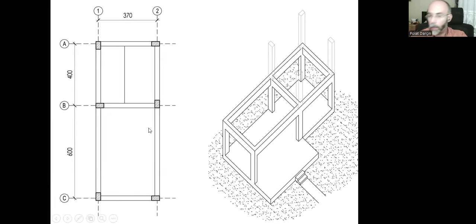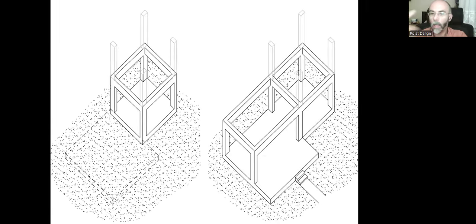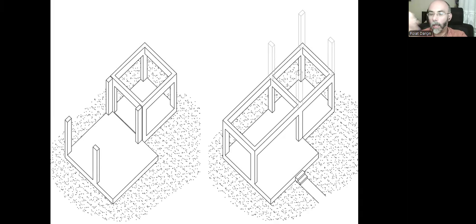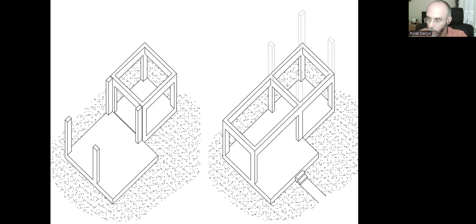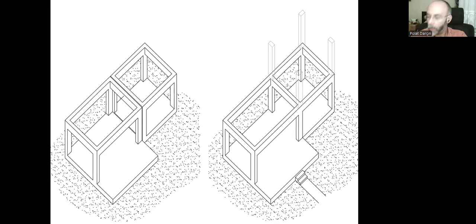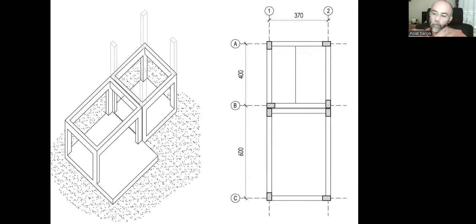That means not just one single structure, but two neighbor buildings with 4 columns for the first building, and we just leave a very tiny gap and create a new building, a neighbor building next to it with its 4 columns. So there is no connection at all. There is this tiny gap all the way down, and this first building can go upwards.